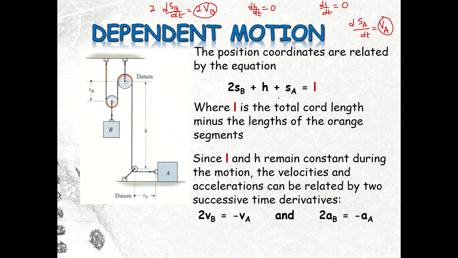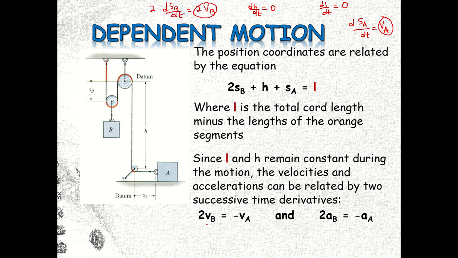When you transpose the velocity of block A to the right, we get twice the velocity of block B equal to the negative of the velocity of block A.